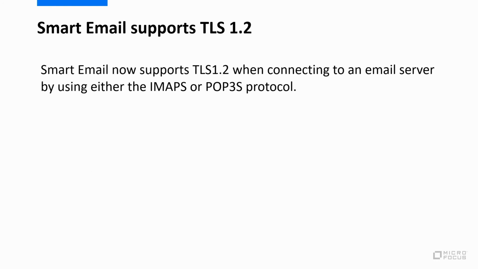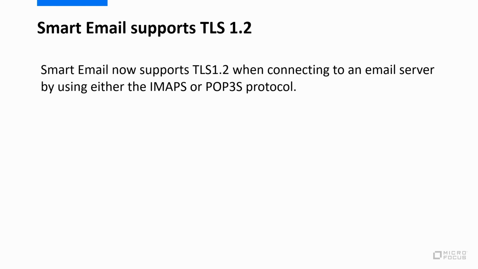And another smart email improvement is about TLS 1.2, because TLS 1.0 and 1.1 have actually reached end of support. So with smart email, we can now support TLS 1.2 when connecting to an email server by using either the IMAPS or POP3S protocols.